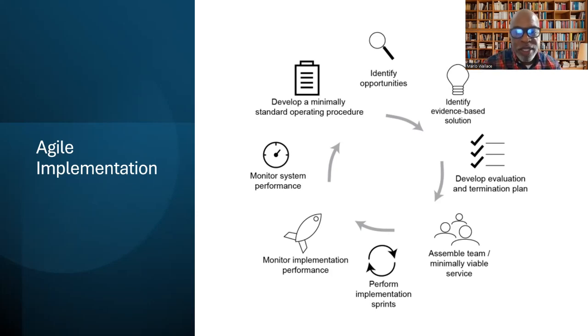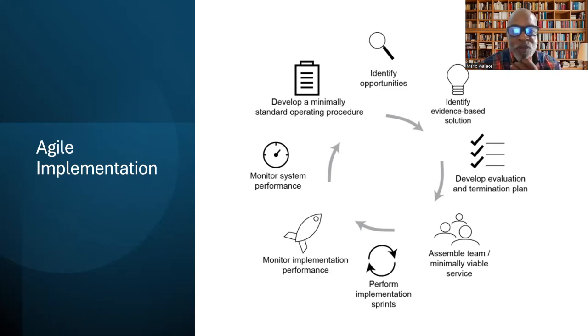So once we create the team, we run the sprints for 30, 60 to 90 days. As we run the sprints, we monitor implementation performance. We continue to monitor the performance within the sprint, and then we monitor the performance within the whole health system or hospital in which we work, and how it is affecting other things within the hospital or health system.